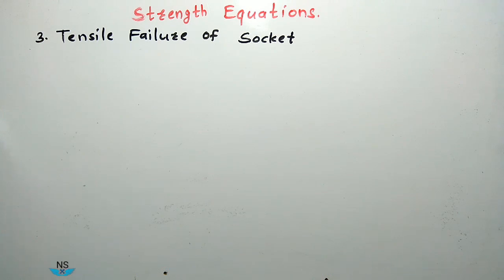The failure will take place at the section where stress concentration is there. So at the section where stress concentration is there, the component will fail at that section. So where is the stress concentration high? At the slot, where area is minimum.